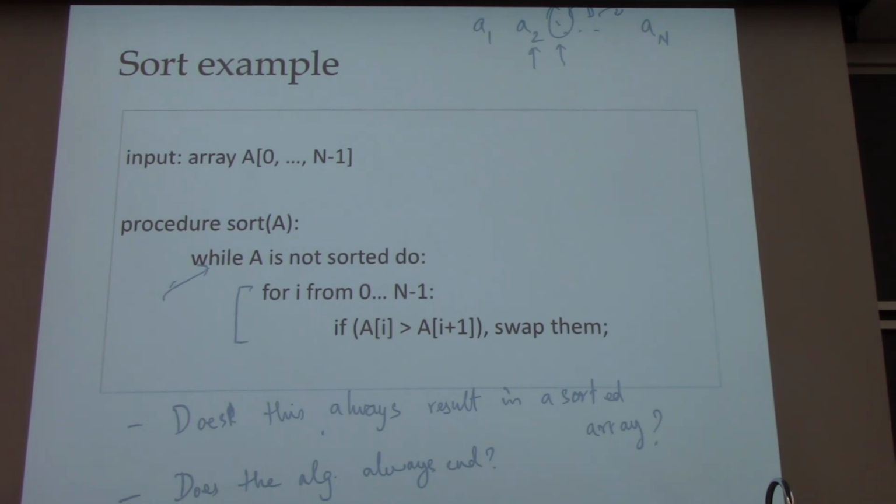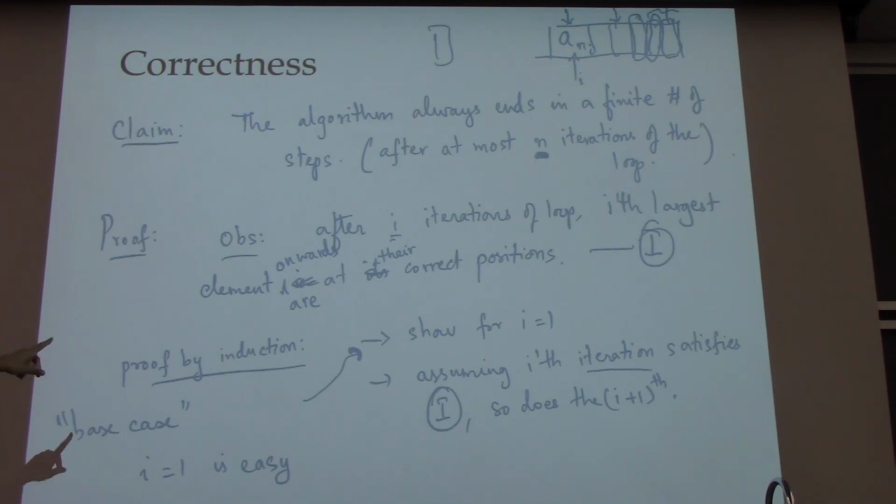Do we need to write down the statement that the program will end eventually? Right, that was my claim, that the algorithm always ends in a finite number of steps, and in fact I said it will end after at most n iterations of this while loop. Can we just write the claim without the proof? Oh, this is all the proof, right? What do you mean? Maybe I'm missing something.